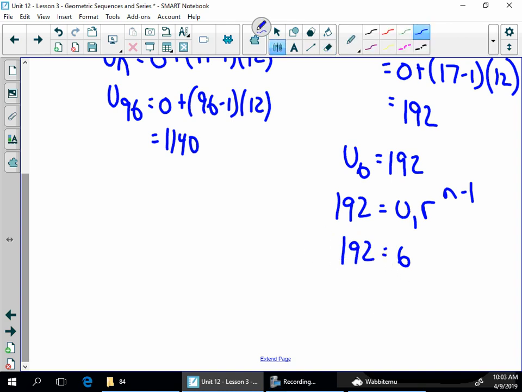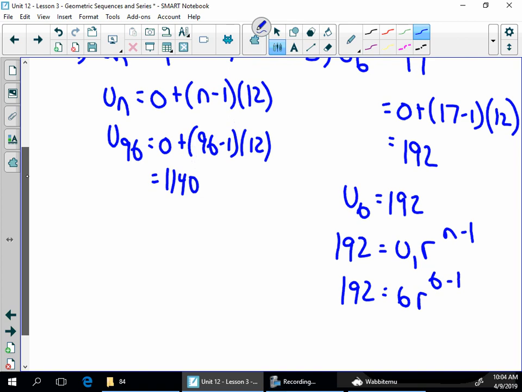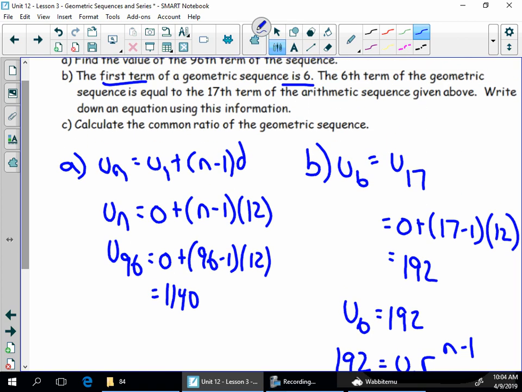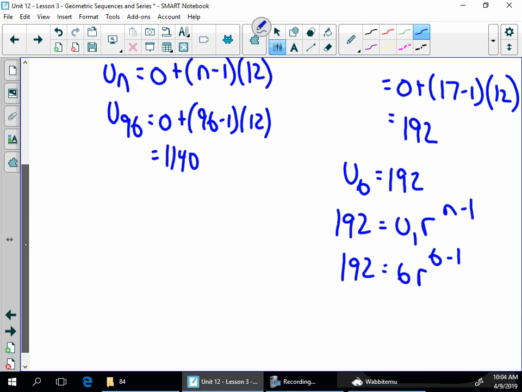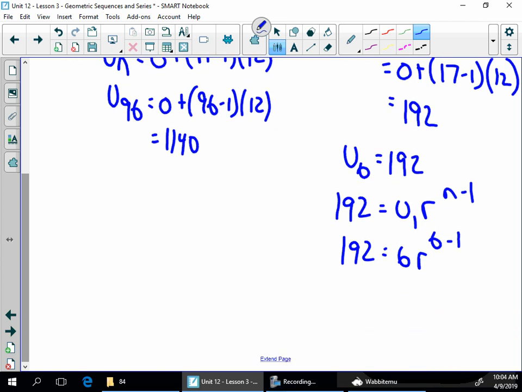The first term was 6. I don't know r, but I know this is the 6th term. There's an equation that has that information in it. That's all they wanted, some sort of equation. They didn't ask you to solve it yet. They just wanted the equation. In C, we have to solve it, but we had to make the equation first.